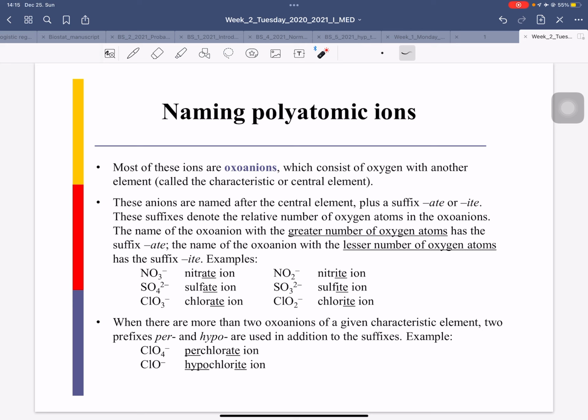If we have more possibilities, per- is for the highest oxidation number and hypo- is for the lowest oxidation number. And when we want to make an acid, -ate converts to -ic acid. When we change -ite to the acid, it will be -ous acid.